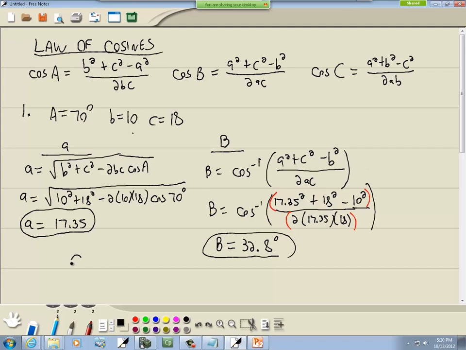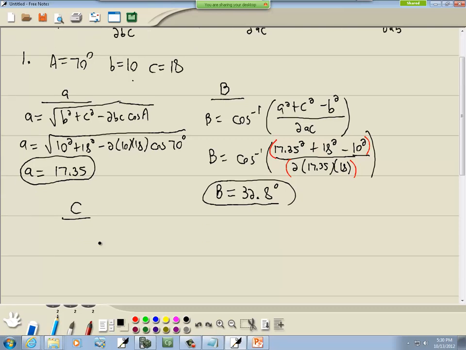Well, now our other missing thing is angle C. Well, angle C is equal to 180 degrees minus A minus B. Well, A was 70 and B was 32.8.